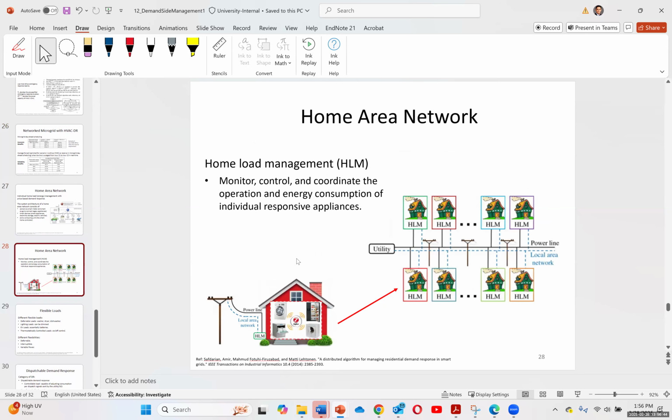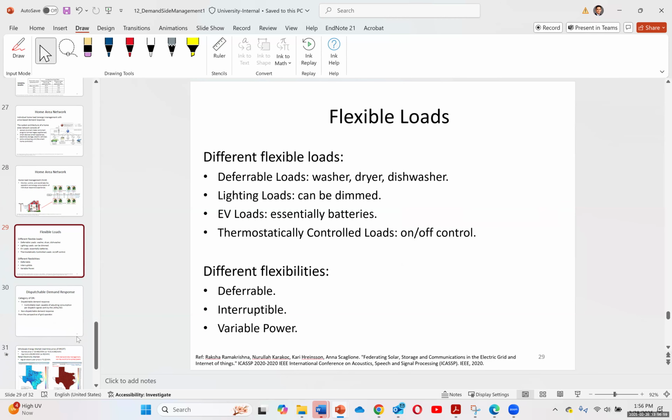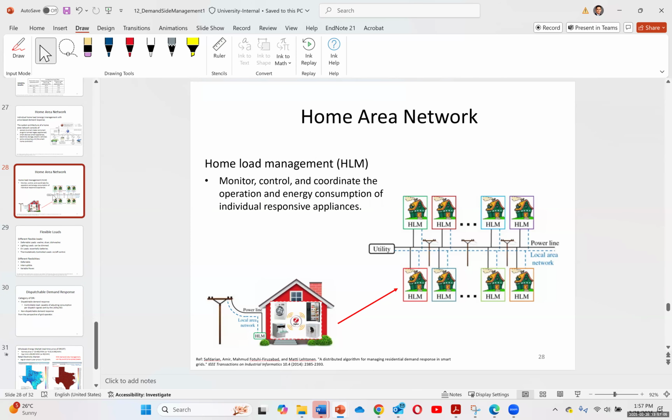This is a graph for a home area network, or HLM. It monitors, controls, and coordinates the operation and energy consumption of individual responsive appliances. And it's going to create a huge difference in your electricity bill and also the reliability.